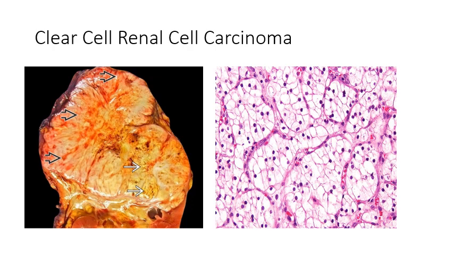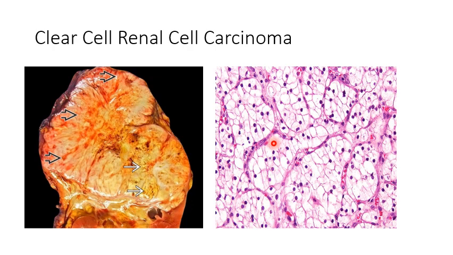So the most common of the subtypes is so-called clear cell renal cell carcinoma. And you can see here why it would be called clear cell cancer, because the cells are these large cells with very optically clear cytoplasm and these relatively small centrally placed nuclei.